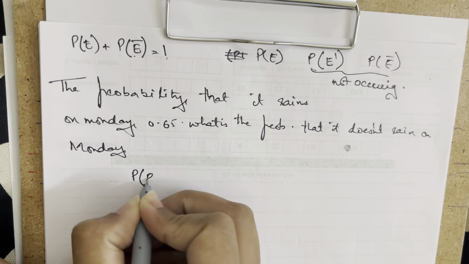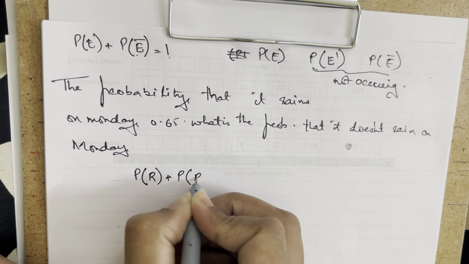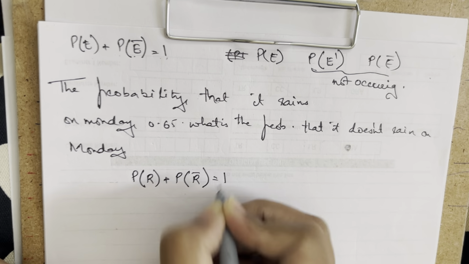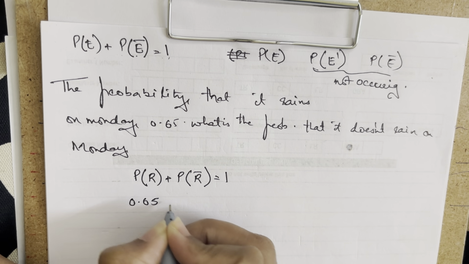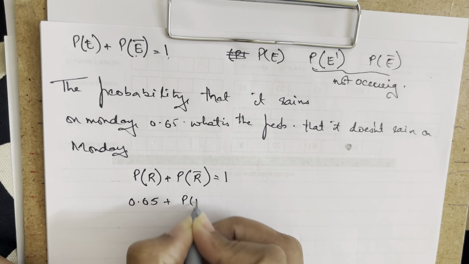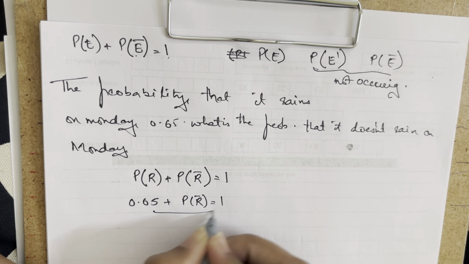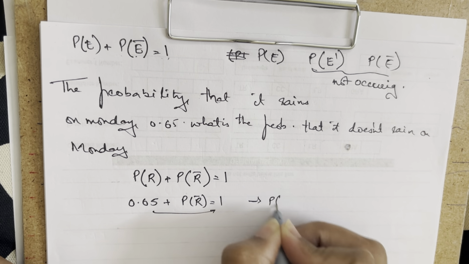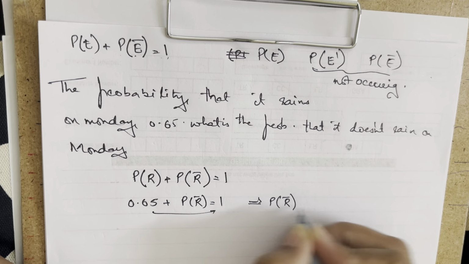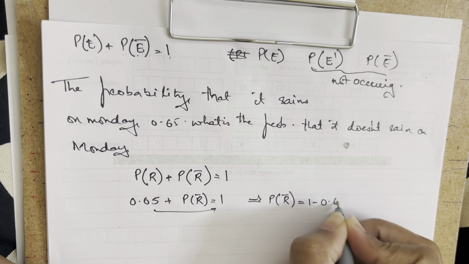So the probability of rain plus the probability of no rain is equal to 1. If the rain is 0.65, then the probability of no rain is equal to how much? I'm going to send it towards the other side. The probability of no rain on a Monday is equal to 1 minus 0.65.